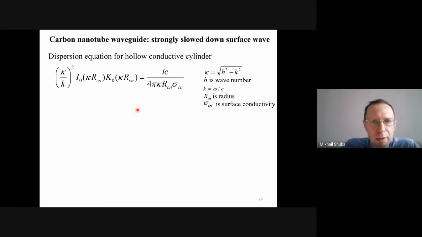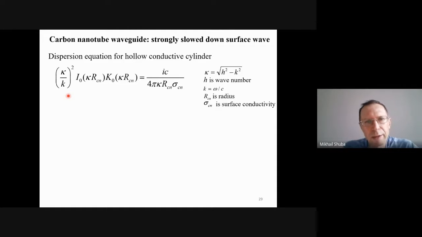Let us speak about the surface wave propagation along carbon nanotubes. If we consider a carbon nanotube as a hollow cylinder with infinitely thin walls, radius r and conductivity sigma, we arrive at the following dispersion equation for the surface wave in carbon nanotubes.